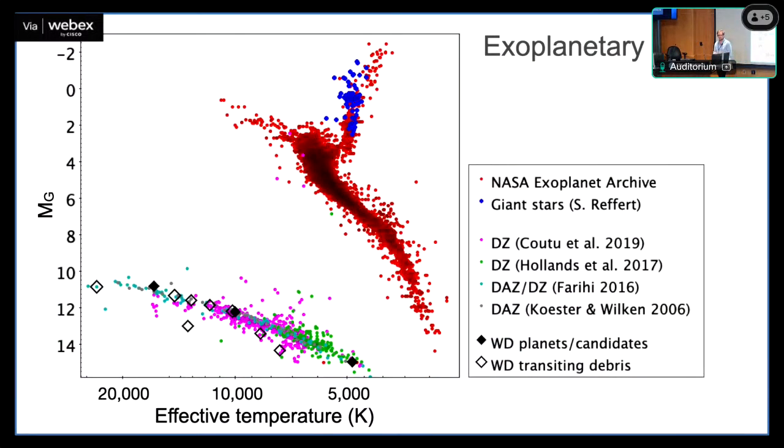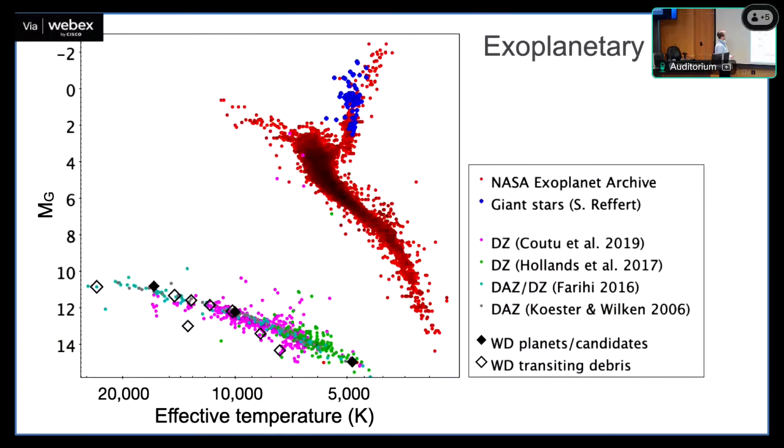I study white dwarfs, the end stage of life for most stars. I study many different aspects of physics that white dwarfs can reveal, including convection and their diagnostic potential, studying the end stage of life for planetary systems. This is what I'm calling the exoplanetary HR diagram.